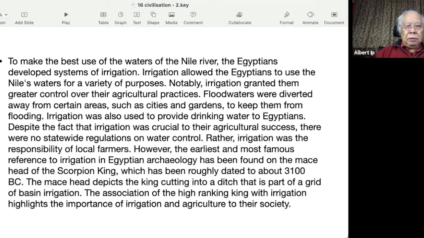In one of the pictures, you will see the king cutting into ditches. That's irrigation. So again, humans started to modify the land for our own use. It's almost at the beginning of the agricultural revolution.